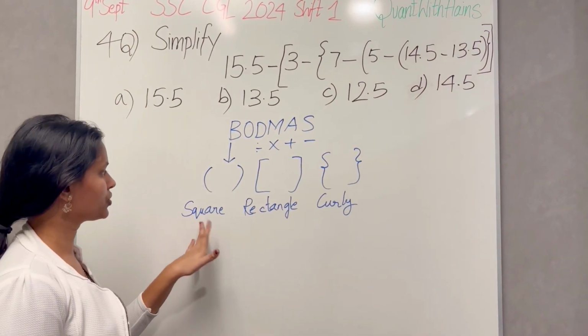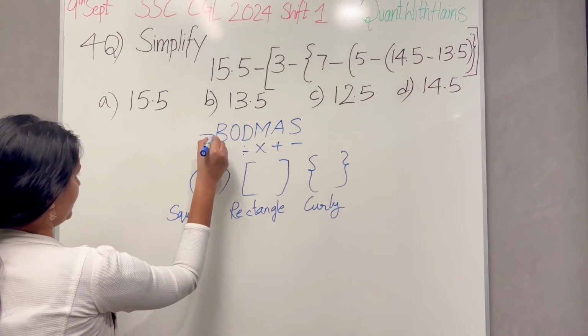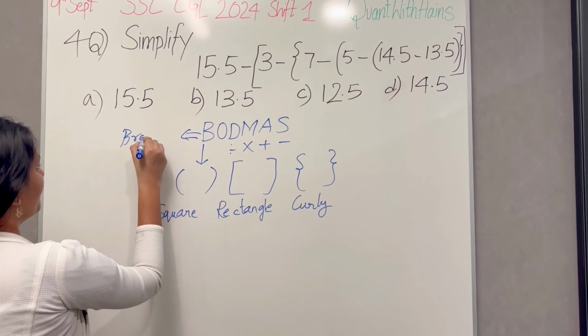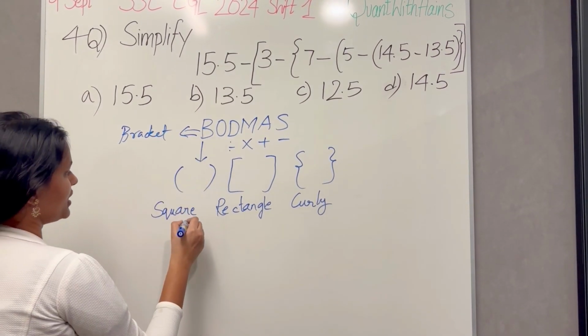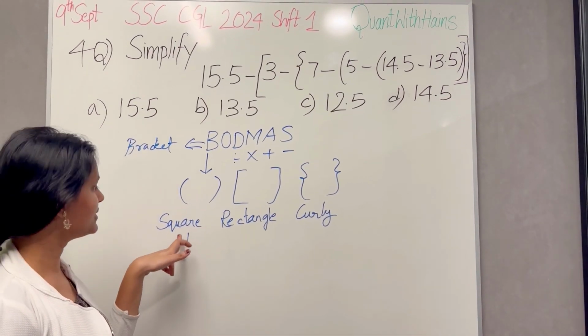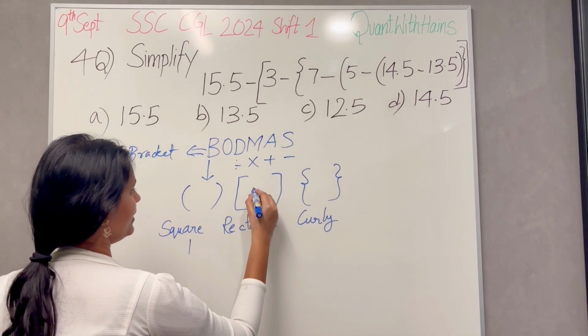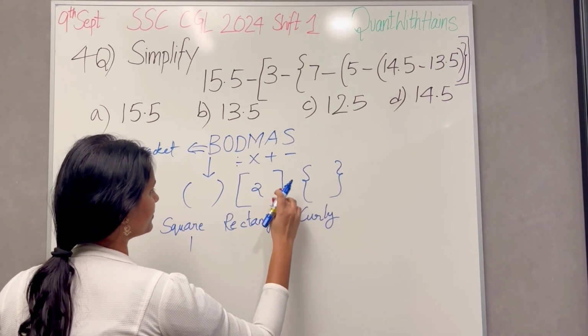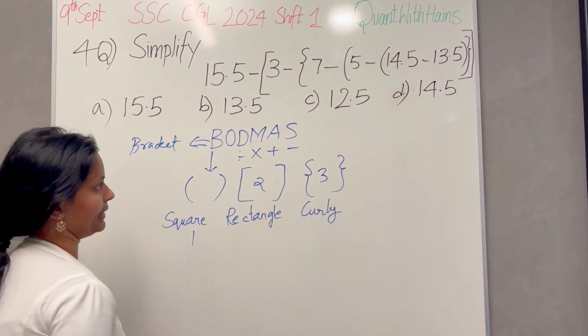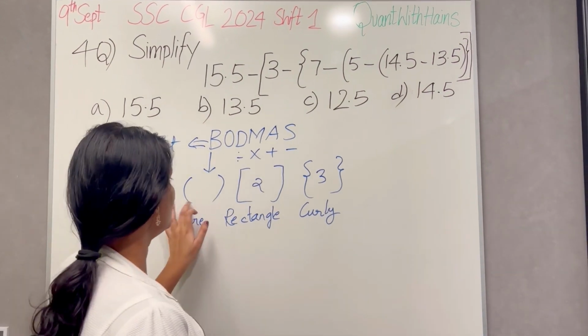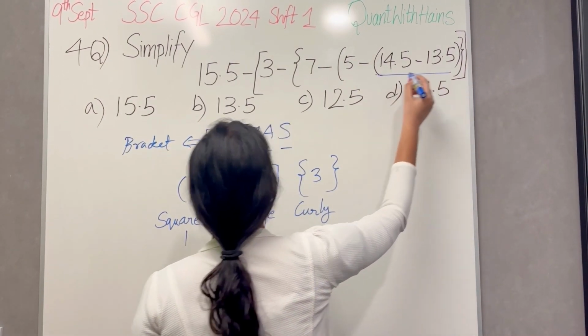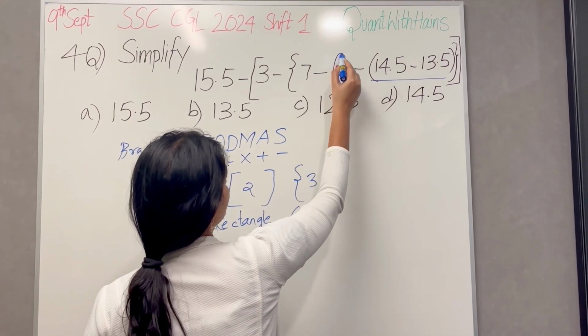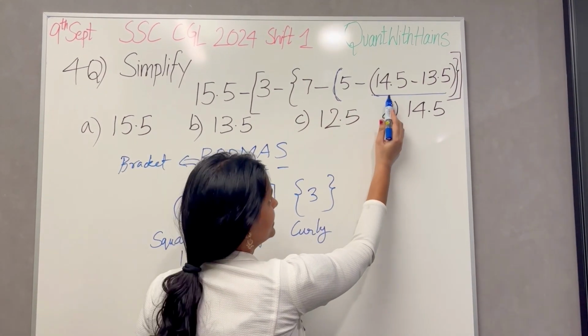According to the BODMAS rule, first is bracket, B for bracket. In brackets we also have an order: first we need to solve what is inside the square bracket, second the rectangle bracket, then third the curly bracket. This is the order. So this is a square bracket and this is also a square bracket. First we need to solve this.